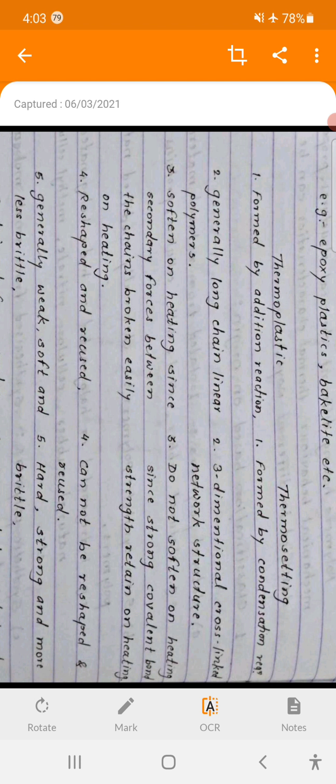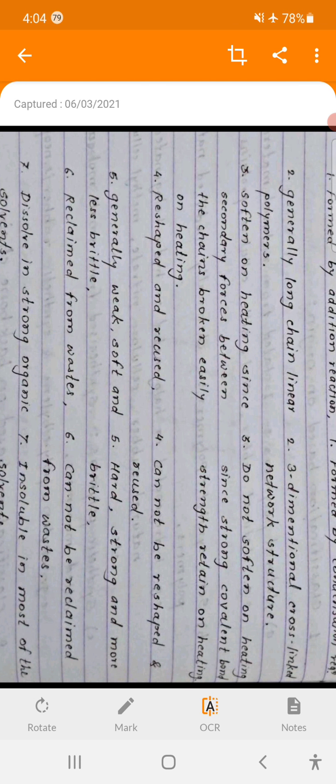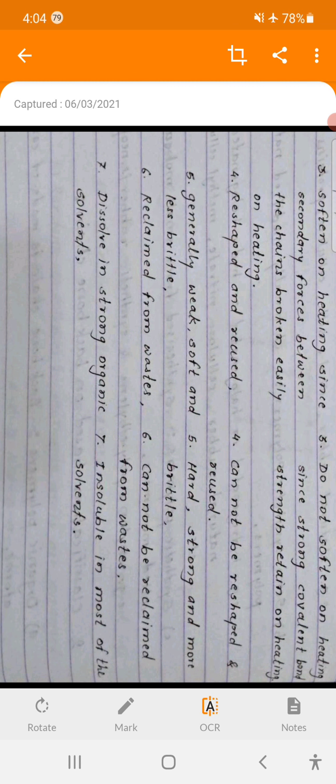Therefore, the material softens on heating since chains are linear, but thermosetting do not soften on heating since a strong covalent network structure is there. Therefore, it is not broken. Thermoplastics can be reshaped and reused. Thermosetting cannot be reshaped and cannot be reused.